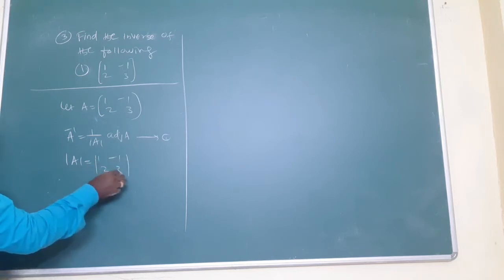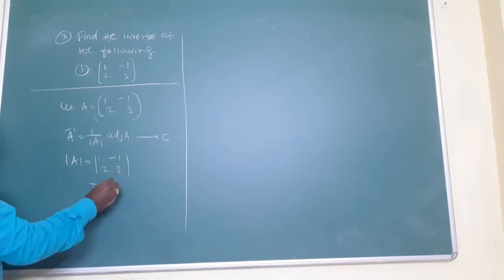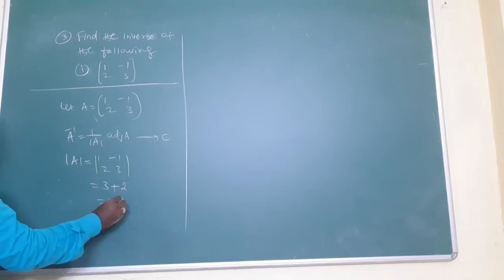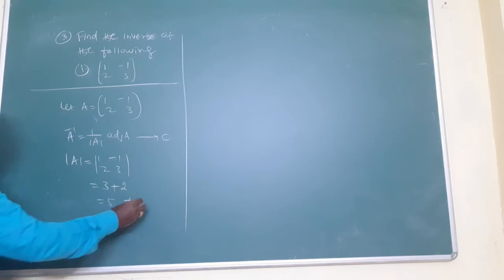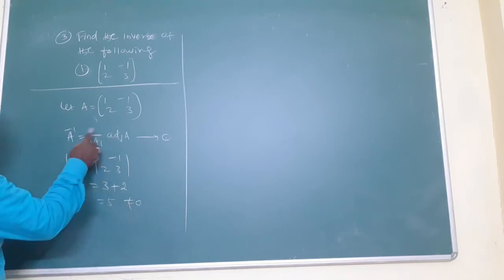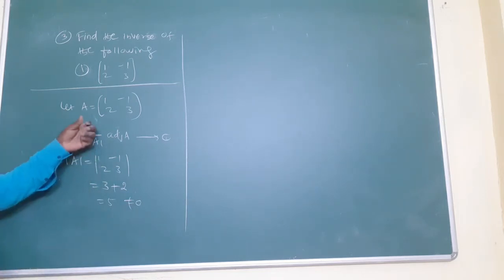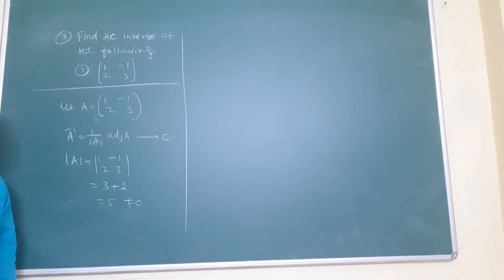Now, 1 times 3 is 3, minus minus 2 into minus 1, that's plus 2, equal to 5. This is not equal to 0. That's important. If it is 0, then 1 by 0 is infinity. Suppose denominator of A equals 0, the inverse does not exist. That is the answer. No need to find adjoint.